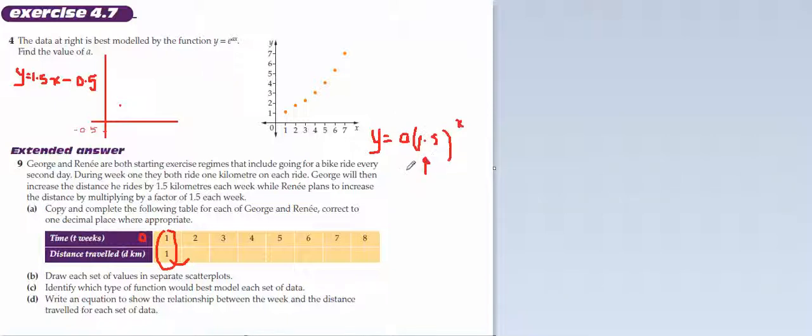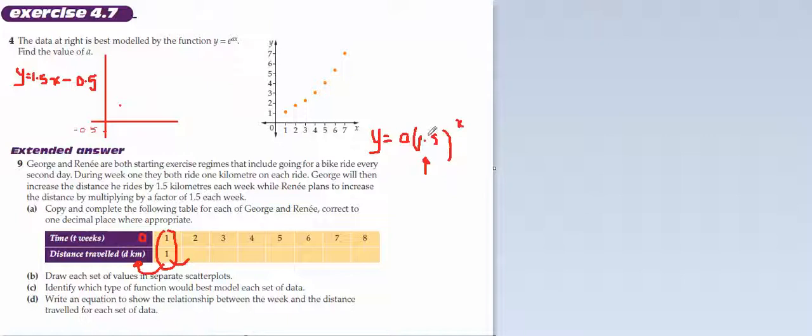Now don't get fooled into thinking that a is going to be 1, because a is going to be this value back here that would have happened had I started at time 0, because the y-intercept is when x equals 0, and we started counting when x equals 1. So it's going to be something like 0.8 or 0.7 or 0.9 or 1. Now it's going to be less than 1, but when you multiply it by 1.5, it's actually going to equal 1.